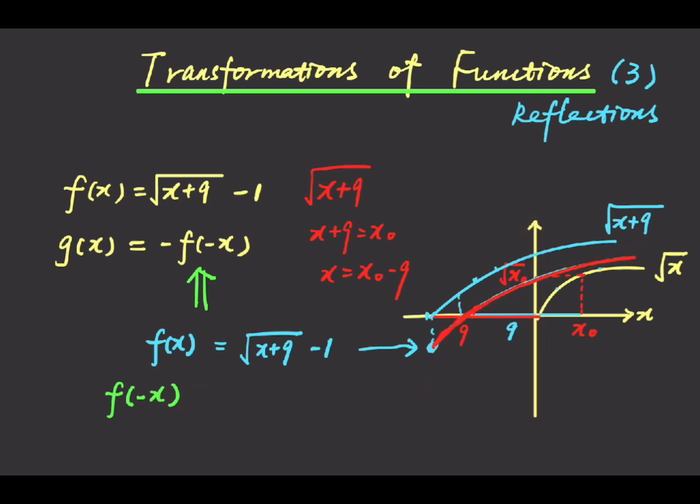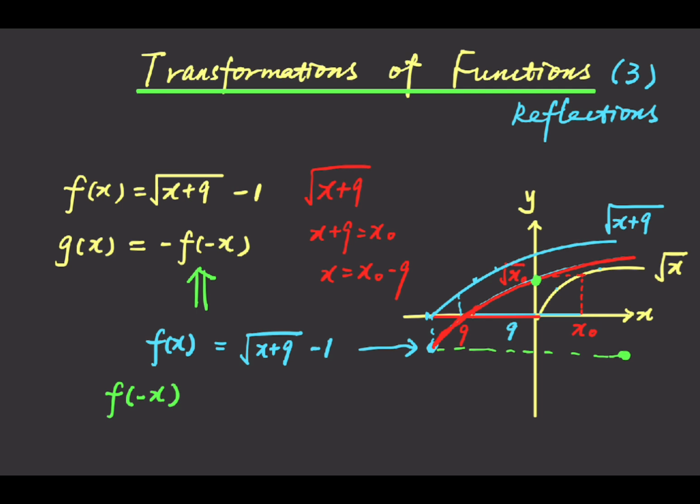So we can locate. It should be here. Okay, this is the end point, and this one, still this one. So we need to reflect this curve over the y-axis. That is to say, we can get the new graph should be like this.